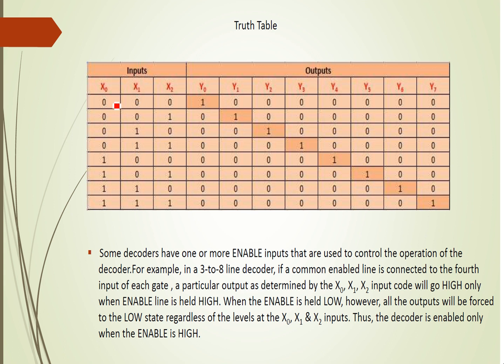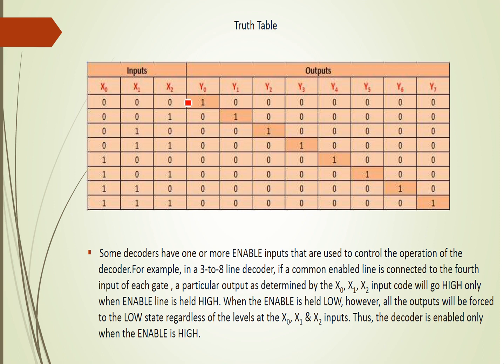So depending on these input combinations, only one output will be high. So for 0, 0, 0, y0 is high and all other remaining outputs are 0. And for 0, 0, 1, y1 is 1 and other outputs are 0. For 0, 1, 0, y2 is high. So like this, for 1, 1, 1, y7 is high. So remaining outputs are 0. So this is the truth table.